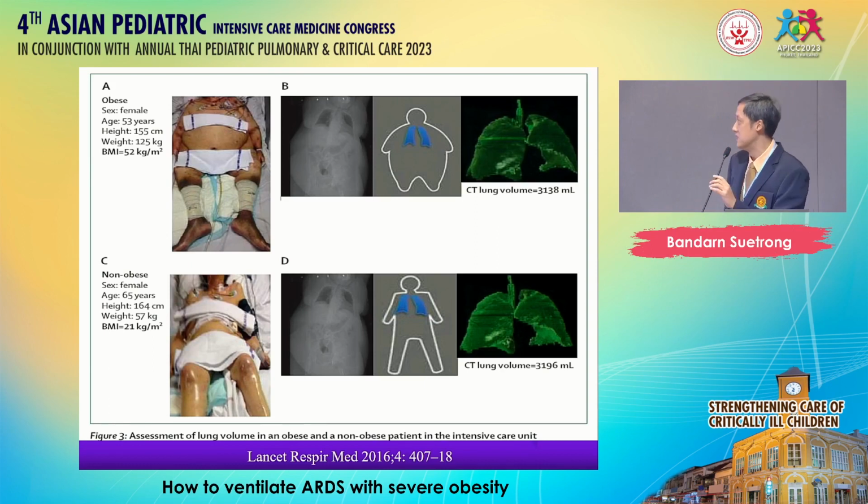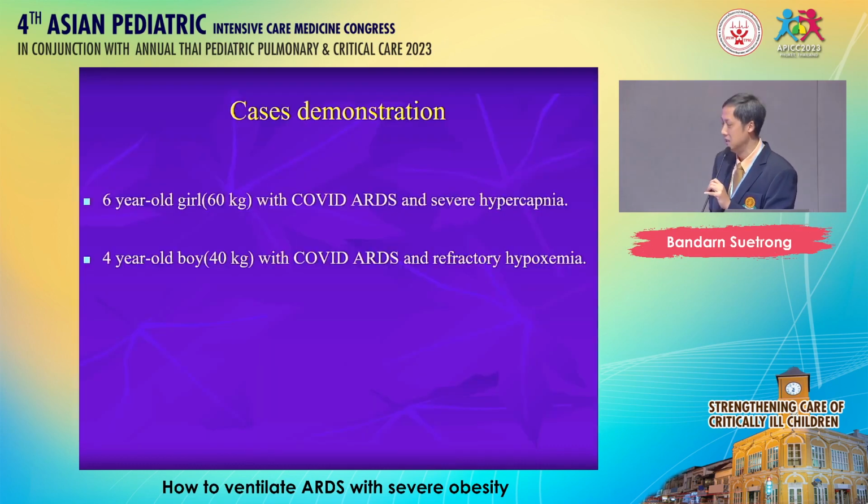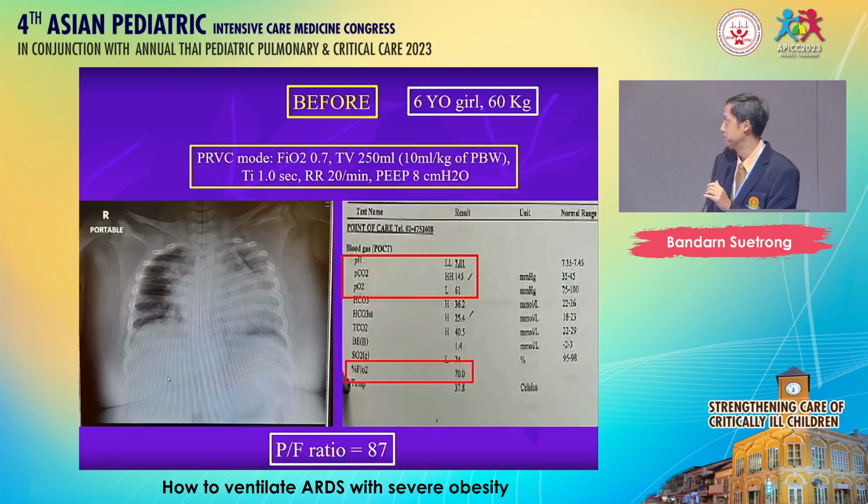patients with severe obesity. So lastly, I have two cases to share with you. The first one is a 60-year-old with a body weight as high as 60 kilos with COVID ARDS and severe hypercapnia. And the second one is a 40-year-old, 50 kilos, with refractory hypoxemia.